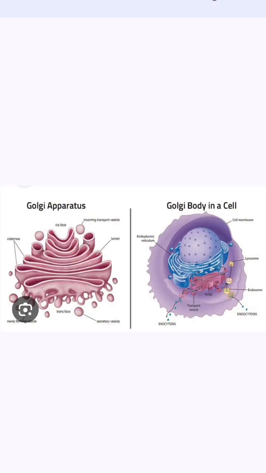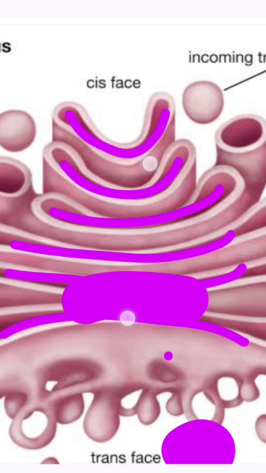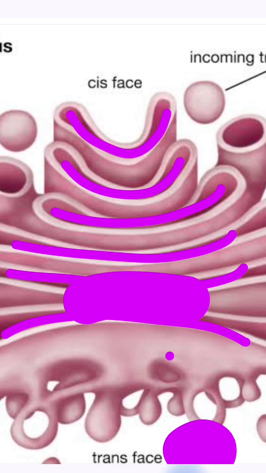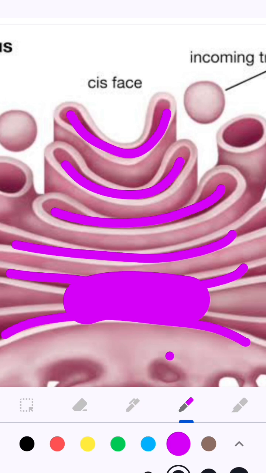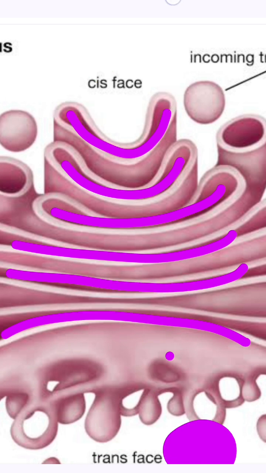Now let's go to the diagram again, and as you can see over here, there are two parts. First is our cis phase, and over here it is the trans phase. The cis phase and trans phase are very important because the cis phase is the convex phase or formative phase.